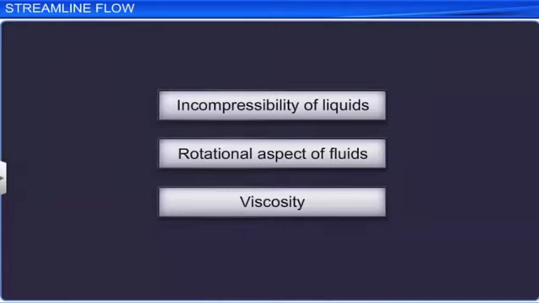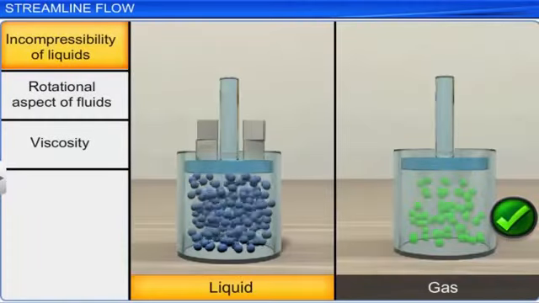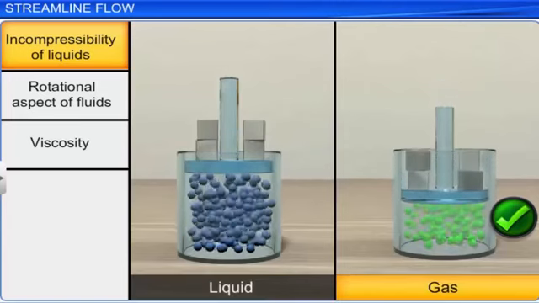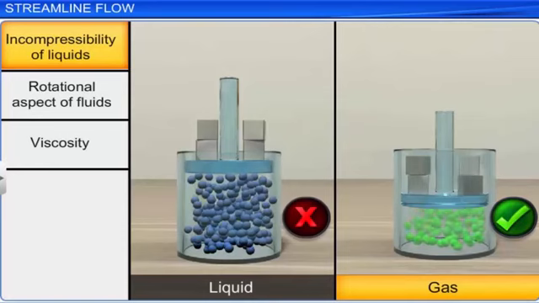Fluid dynamics can be better understood by taking into consideration the following three factors studied along with the concept of tube flow. They are incompressibility of liquids, rotational aspect of fluids, and viscosity. Liquids are largely considered incompressible when compared to gases, as they don't change volume in response to pressure as gases do.